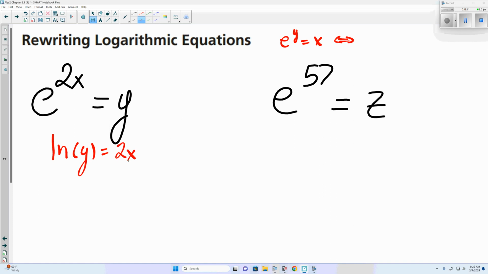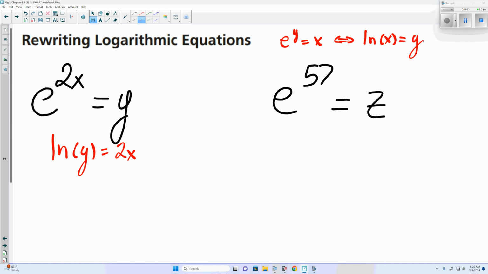Yes, ln of y equals 2x. Because if we're given e to the y equals x, this is true if and only if ln of x is equal to y. It's just the opposite.